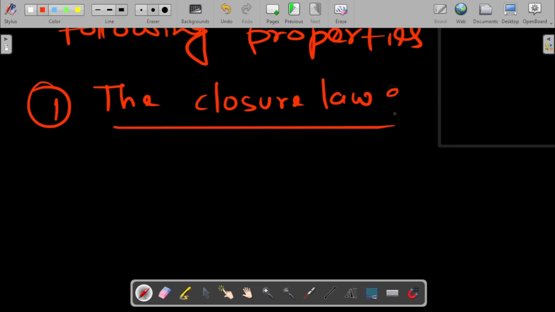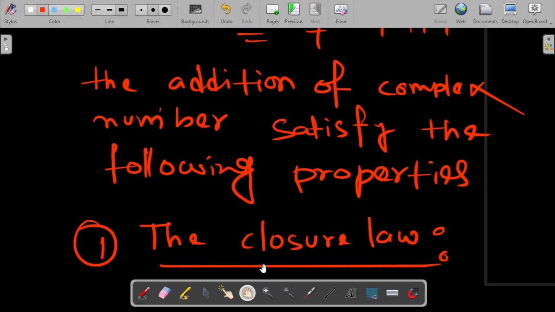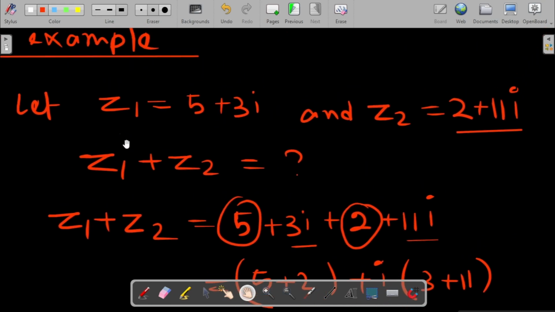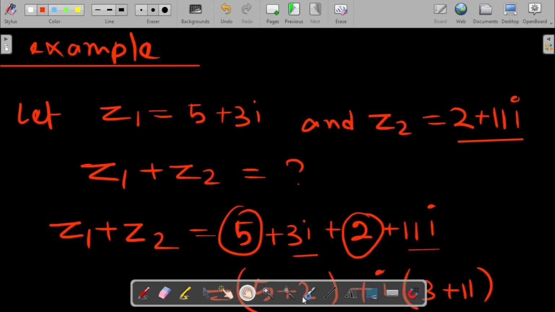Here I take any two complex numbers. I take z1 equal to 5 plus 3i, and z2 is 2 plus 11i. After that, I'll find the sum z1 plus z2.